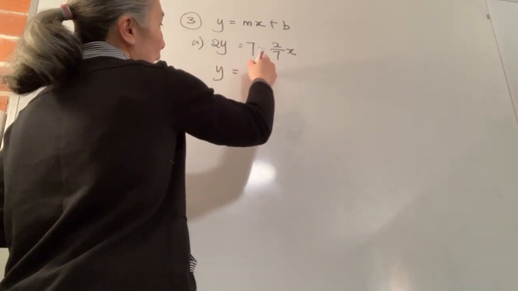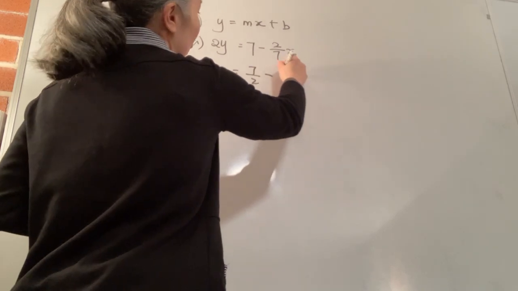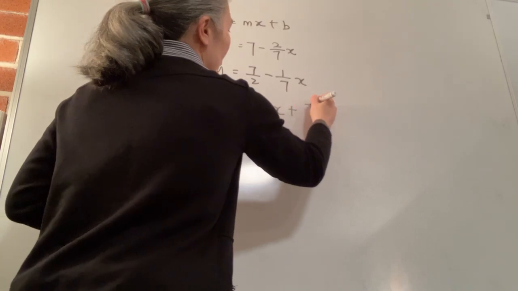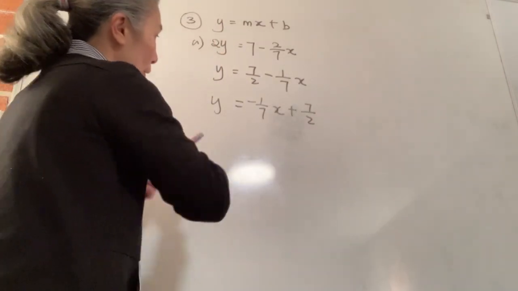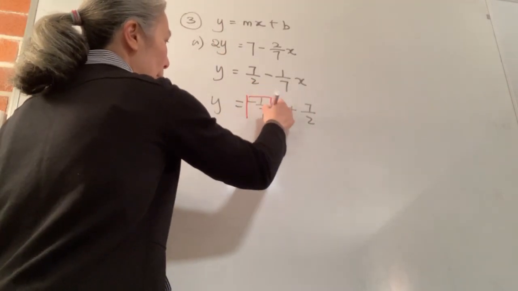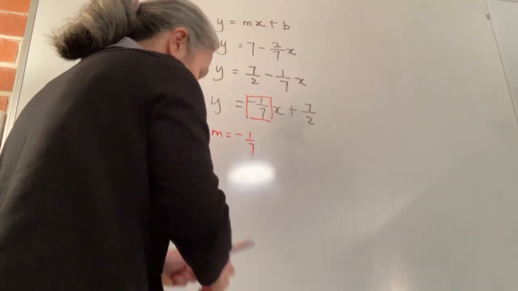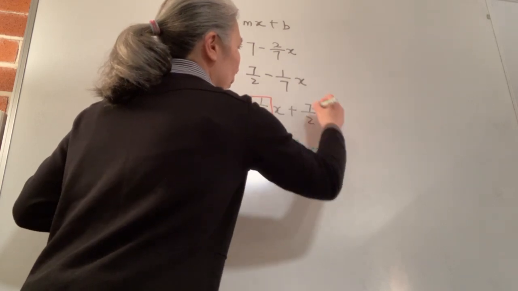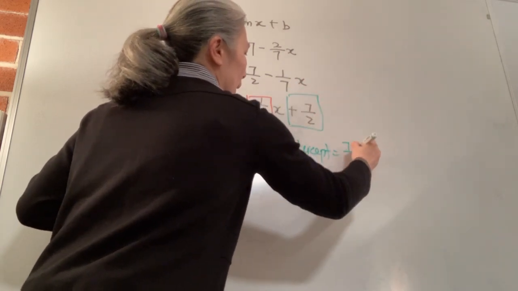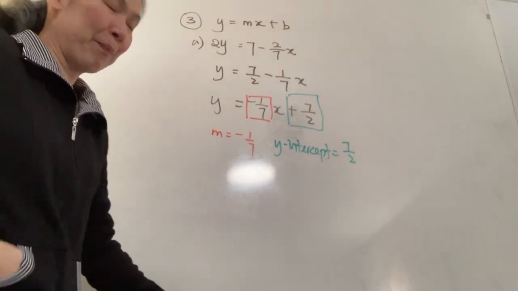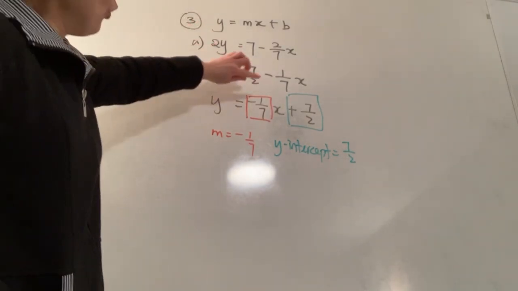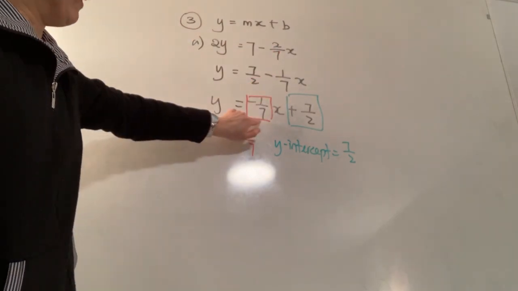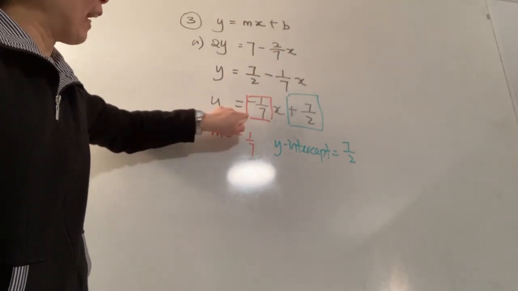So y equal to 7 on 2 minus 2 on 7 divided by that. So that is y equal to minus 1 on 7x divided by 7 on 2. So that means your gradient is this number, and then your y-intercept equal to this number in here. Okay, yeah. Rearrange it, make sure you don't mess up these two numbers. Yeah, the x is always the gradient, so I write the x in the front, and the sign carry on with the number.